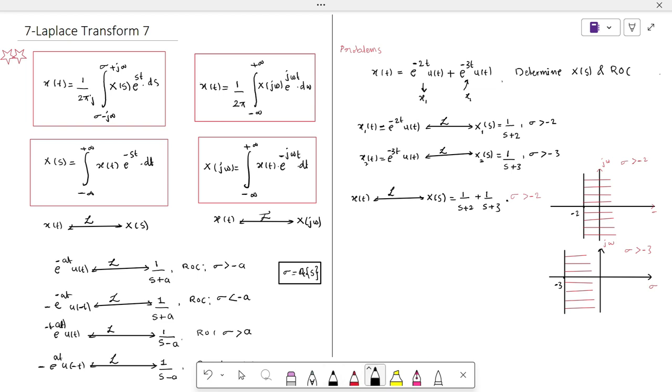For this, you can write like this. This is sigma and j omega, minus 2, this is minus 3.